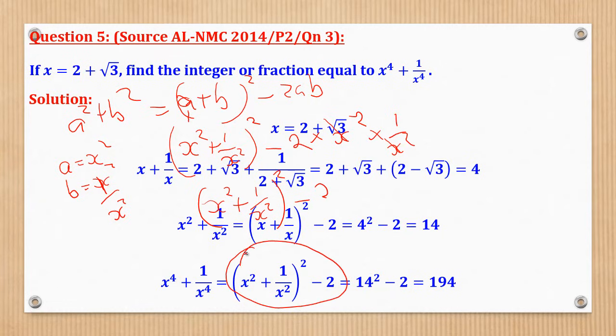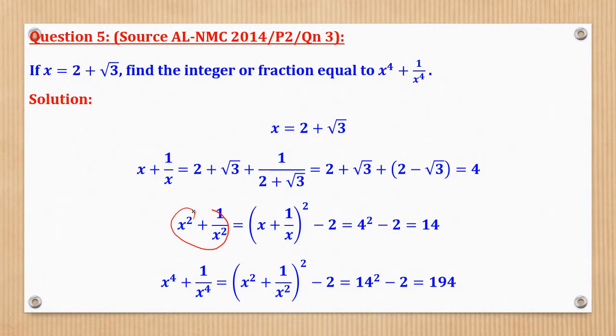And the good thing, we know the value of this is 14, so I'll substitute 14 here, squared minus 2, to give me the answer they wanted. So basically, that is how you could do question 5.